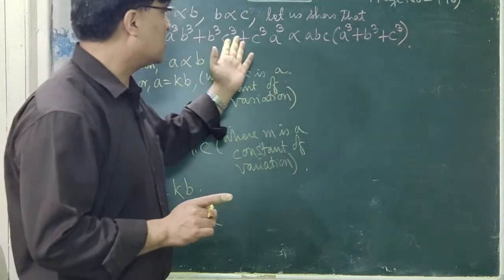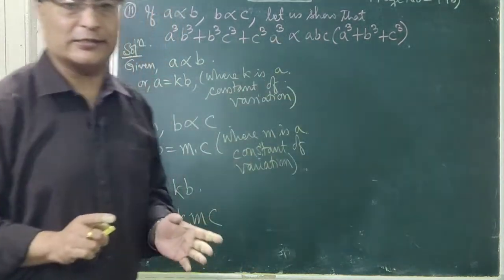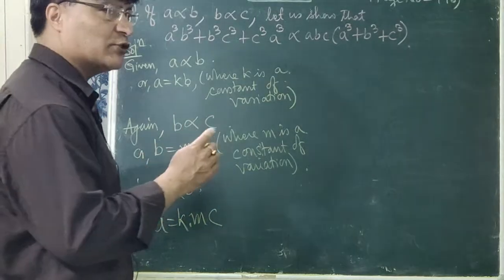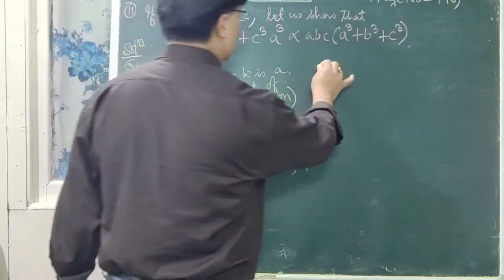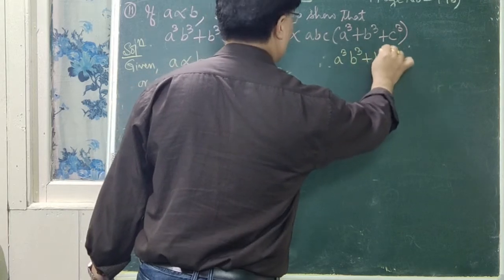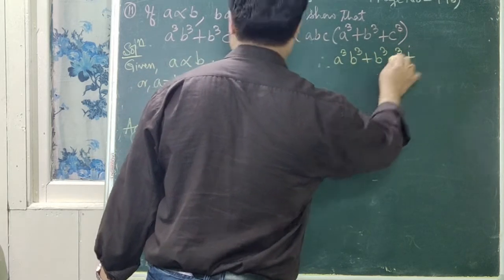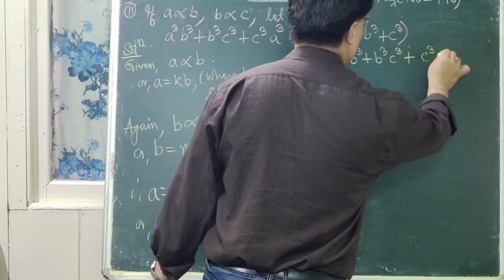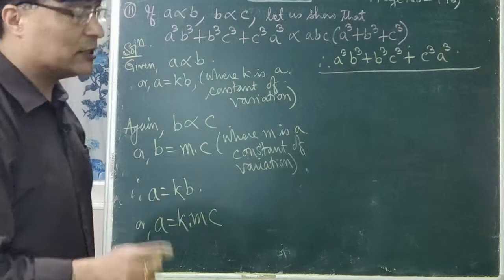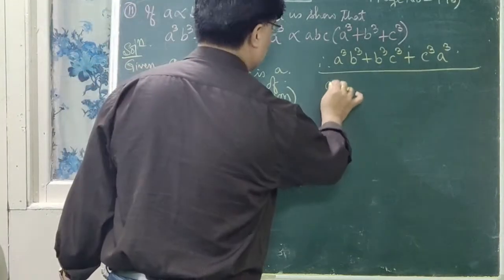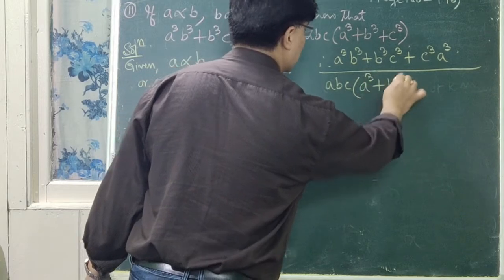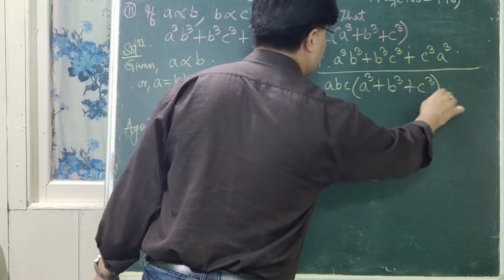So now let us prove this LHS is proportional to RHS. So first of all, you get LHS divided by RHS, left hand side divided by right hand side. Therefore A cube B cube plus B cube C cube plus C cube A cube whole divided by, in the denominator you write ABC into A cube plus B cube plus C cube.